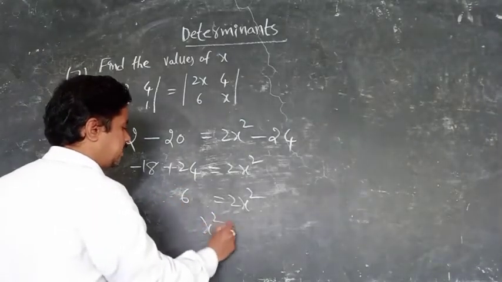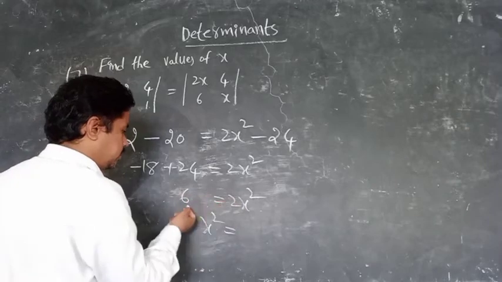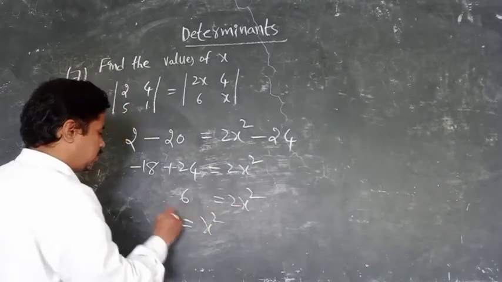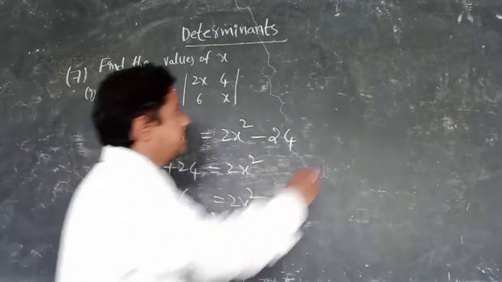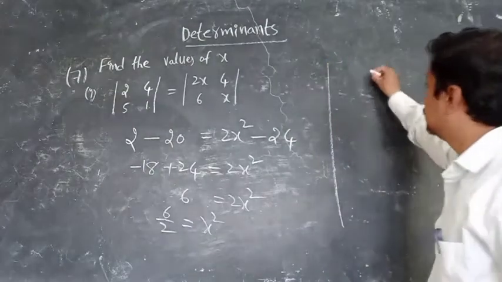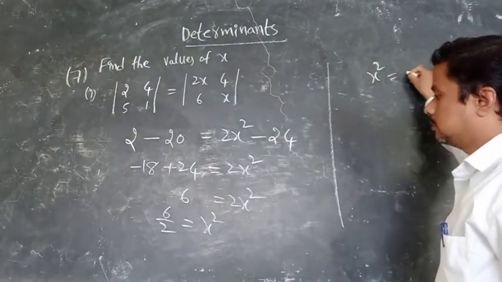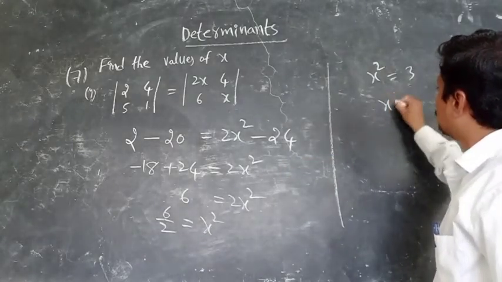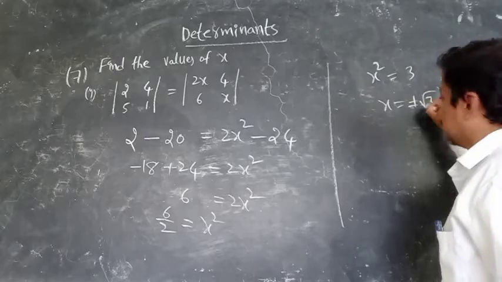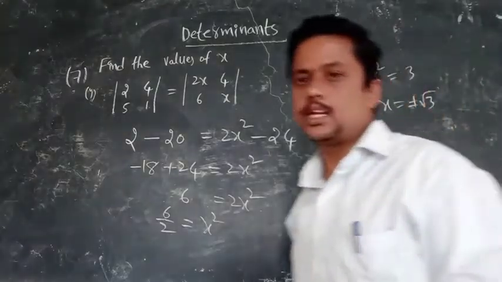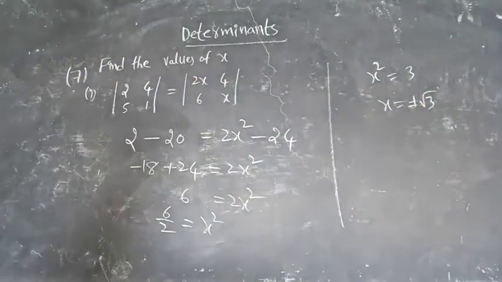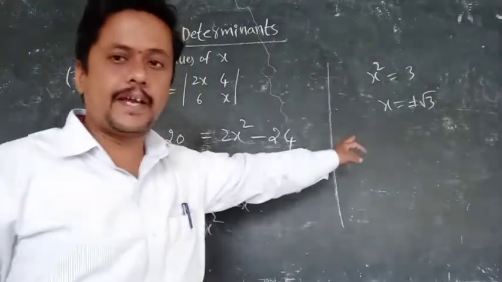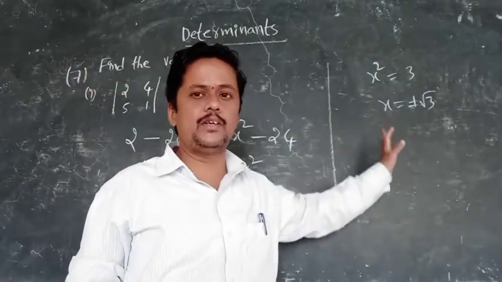Therefore x square is equal to 6 by 2, so x square is equal to 3. X is equal to plus or minus root 3. Like that we have to evaluate and simplify.